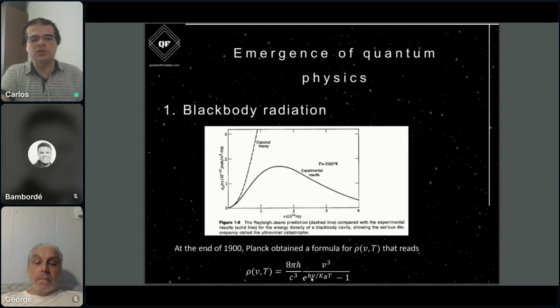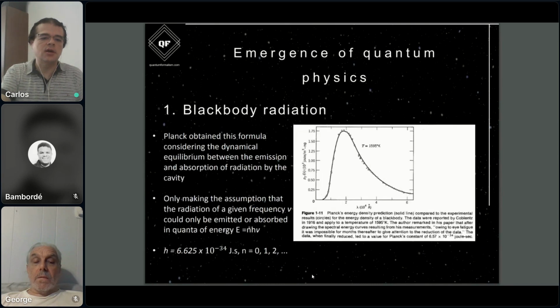So hν is the energy, and Kb T is the thermal energy, the Boltzmann relation. Kb is the Boltzmann constant and T the temperature. And here is the energy that Planck found. So the conclusion is that the energy inside the cavity, to explain the experimental results, must be quantized.